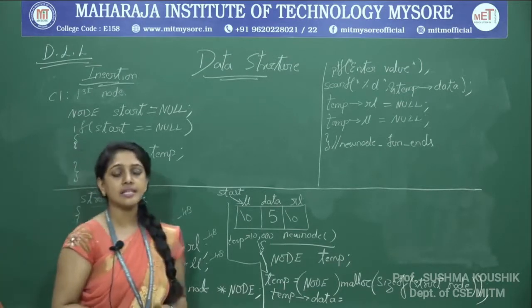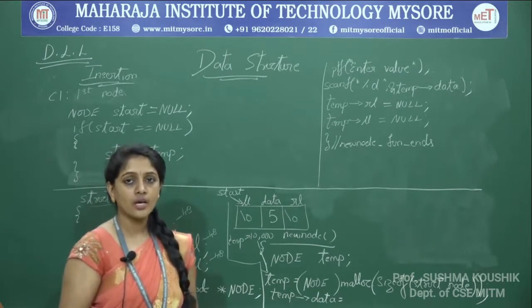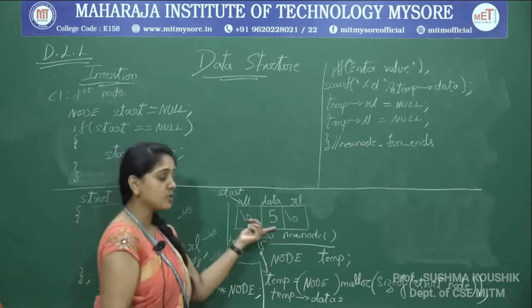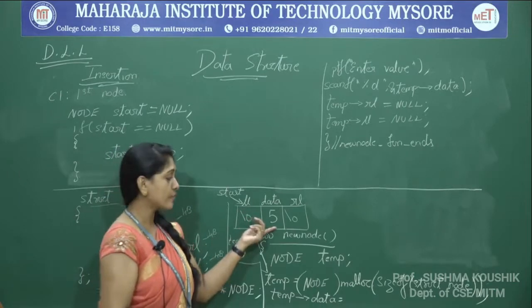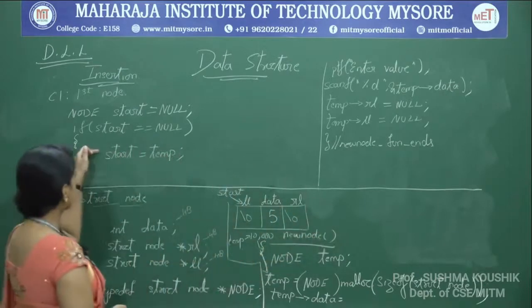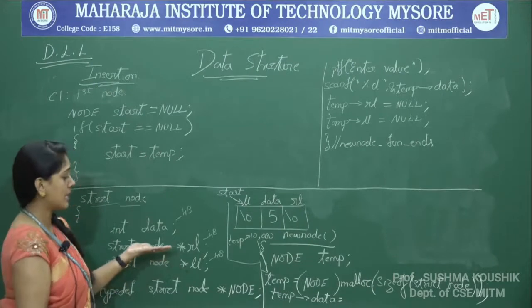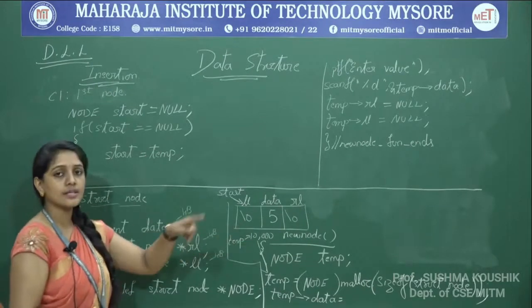Now what is the next case? Case 2. How do I create the next node? For example, already the node is existing. Now I have to create the next node, the second node, because in case 1 it checks whether start is equal to null. No, start is not equal to null. Start is having an address called 10,000.